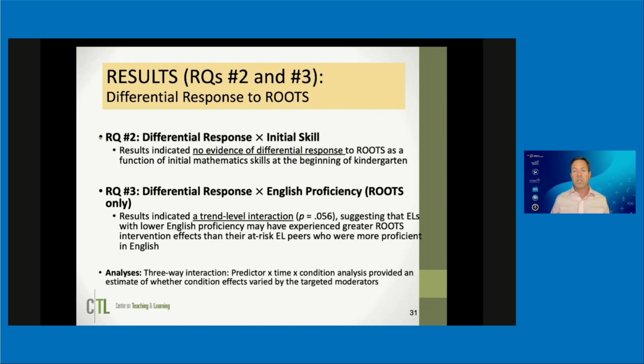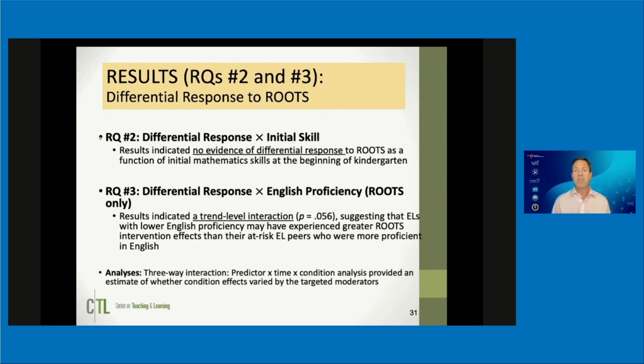So when we examined that question here, we found that regardless of the initial skill of our participants that were English language learners, the intervention had the same impact. It worked equally well across the range of initial skill. The other interesting thing that we were interested in is looking at English language proficiency.